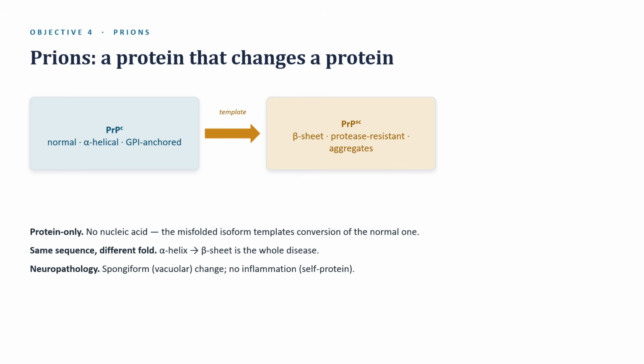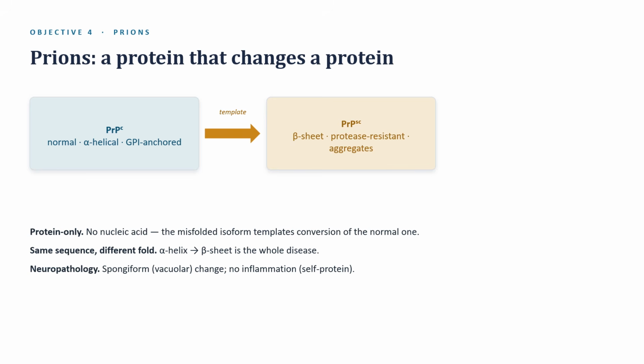On the right is the scrapie form, PrPSc, exactly the same amino acid sequence, but folded into a beta sheet-rich protease-resistant shape.